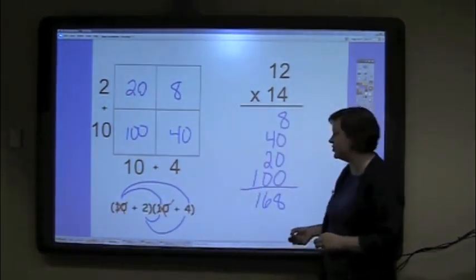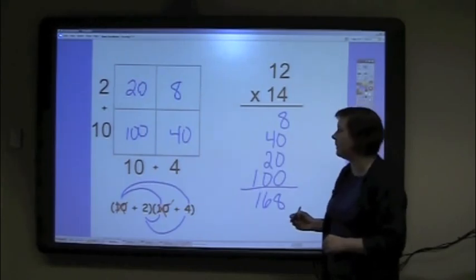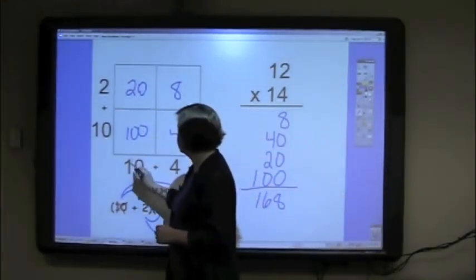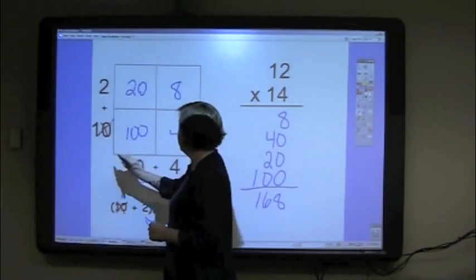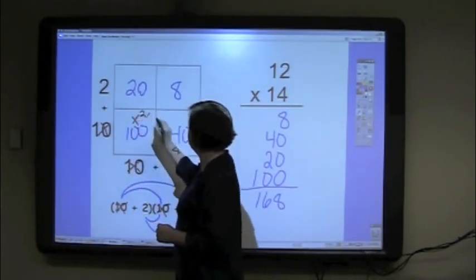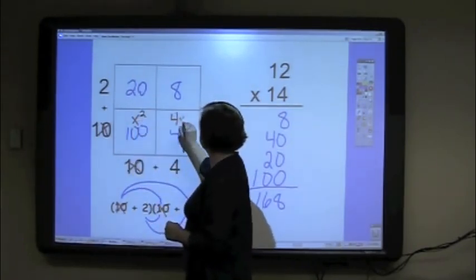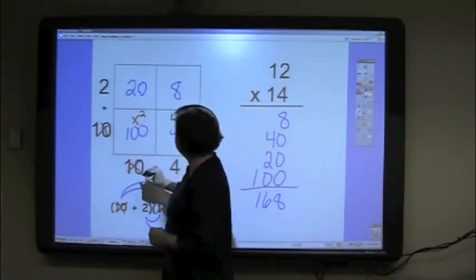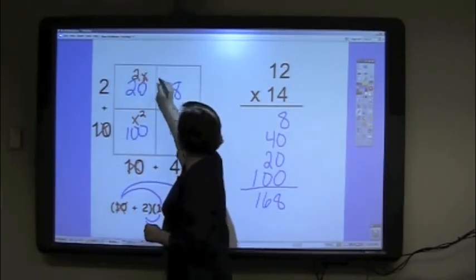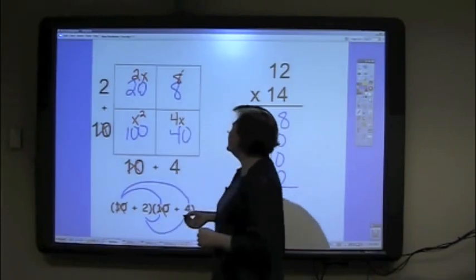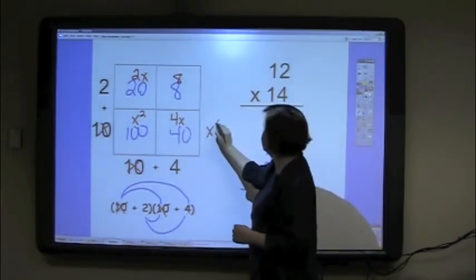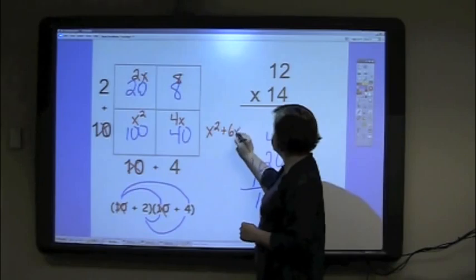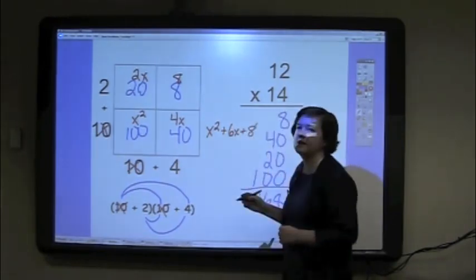So I have x plus 2 times x plus 4. Or, if I want to represent it up here, x times x is x squared, 4 times x is 4x, 2 times x is 2x, 2 times 4 is 8, and I could sum those to get x squared plus 6x plus 8.